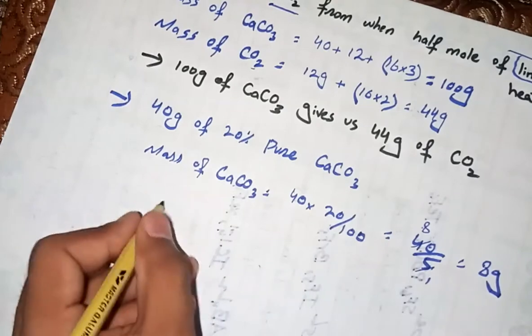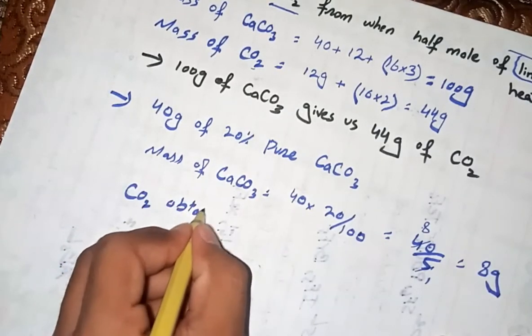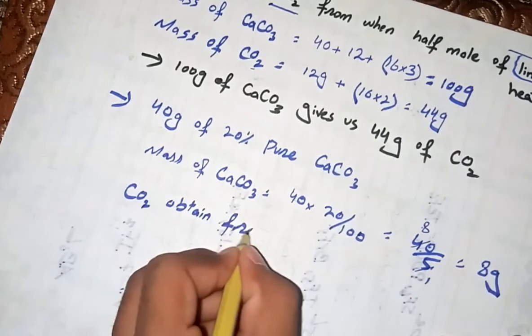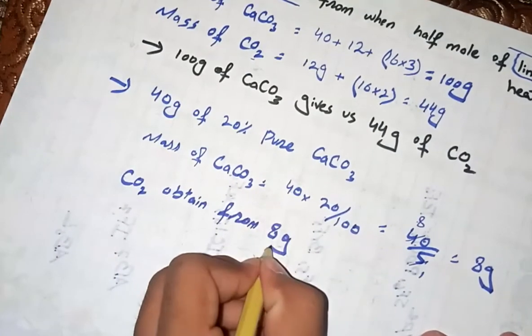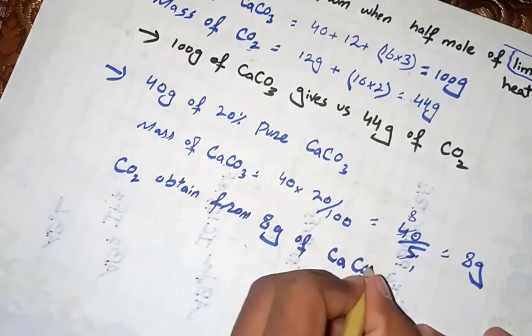So now we find the CO2 obtained from 8 gram of CaCO3.